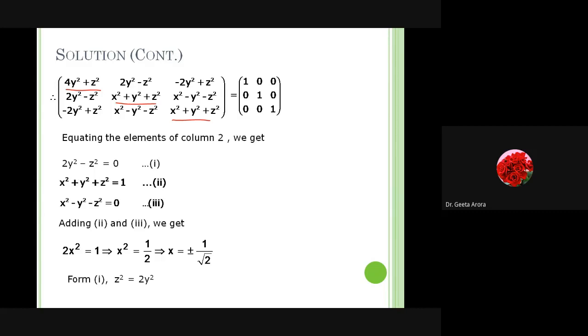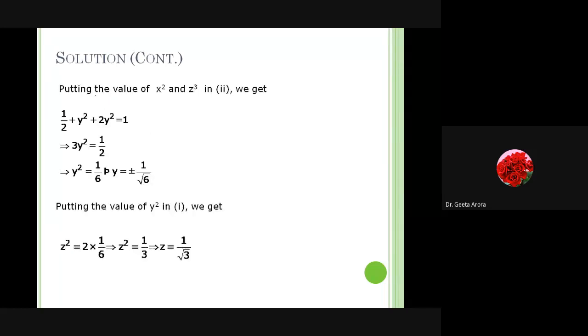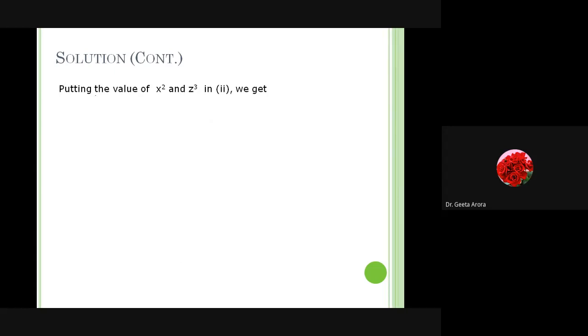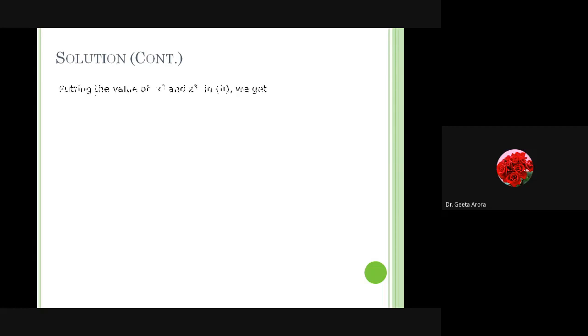So we have to choose those equations that give us the values of x, y, and z. Finally, we are getting z as 1 by root 3, y is equal to plus minus 1 by root 6, and x we have calculated is plus minus 1 by root 2. So this is what we are getting.